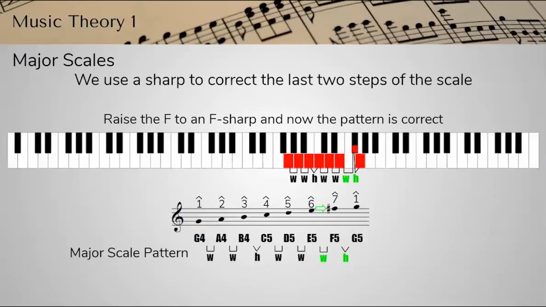And now we have a whole step between E and F sharp, which is correct. And we also have a half step between F sharp and G. And now this sounds like a major scale, because we have a nice half step between the 7 and the 1. Okay? So we are in good shape.